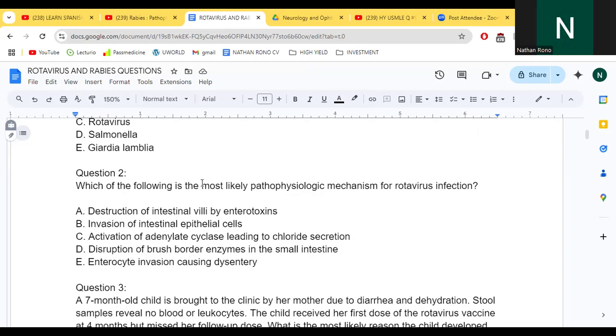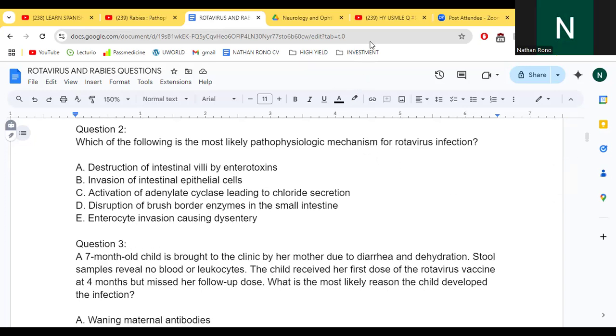Which of the following is the most likely pathophysiologic mechanism of rotavirus infection? Okay, I want to see your answers. Someone has said A, okay.